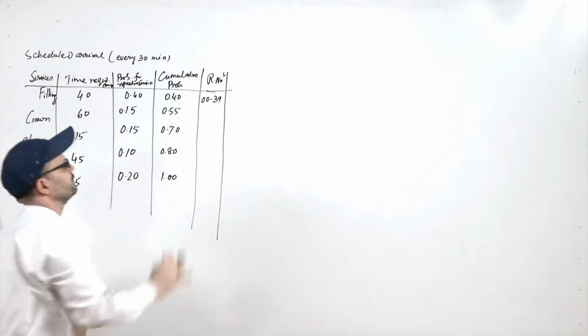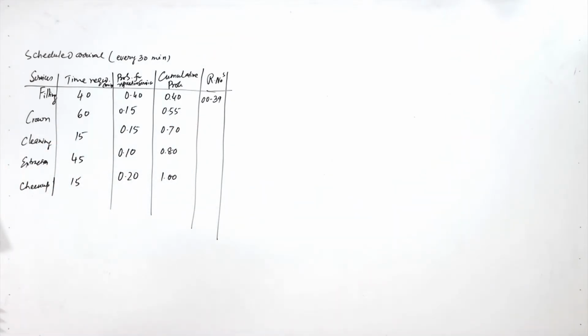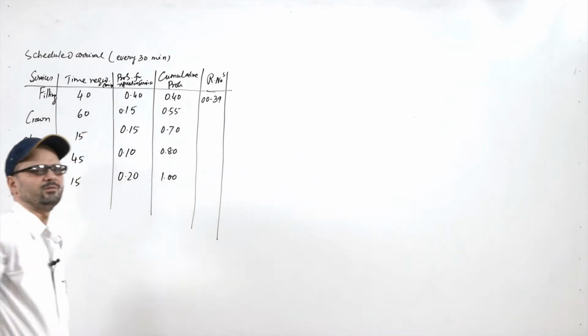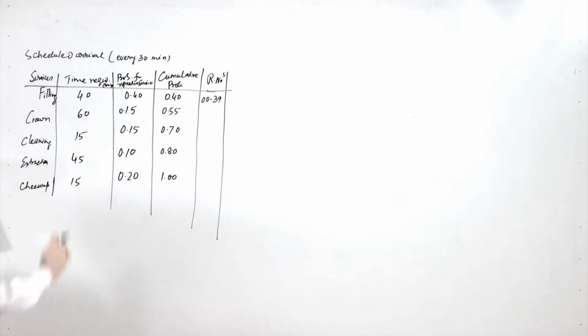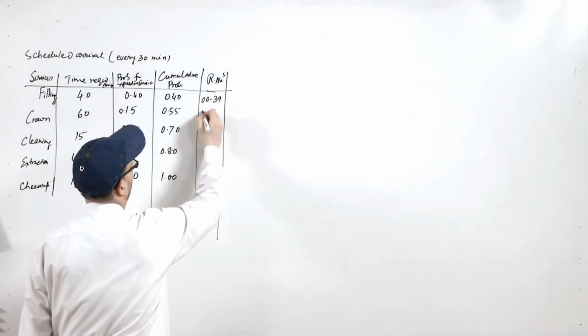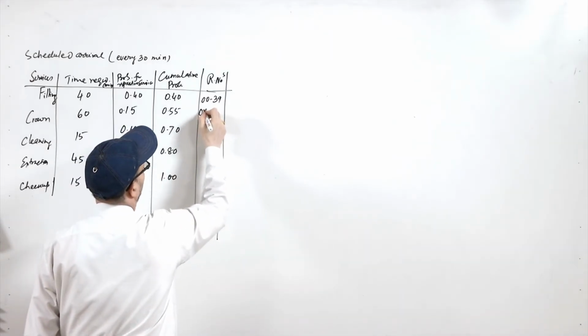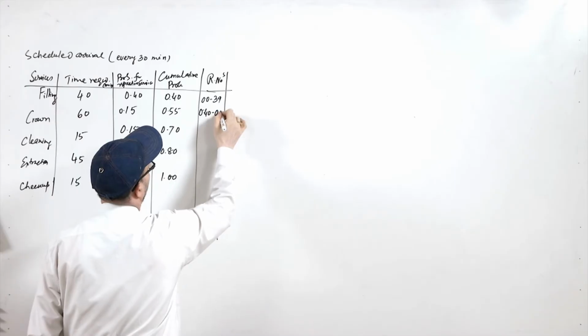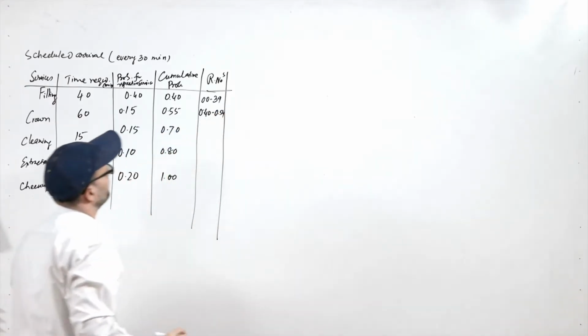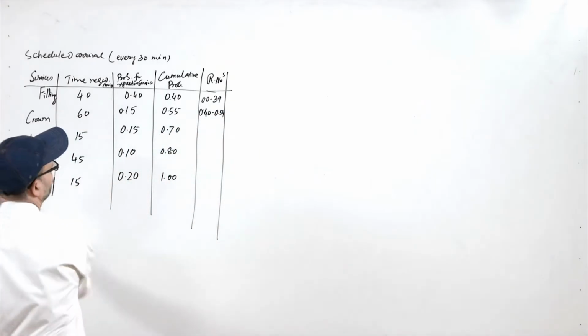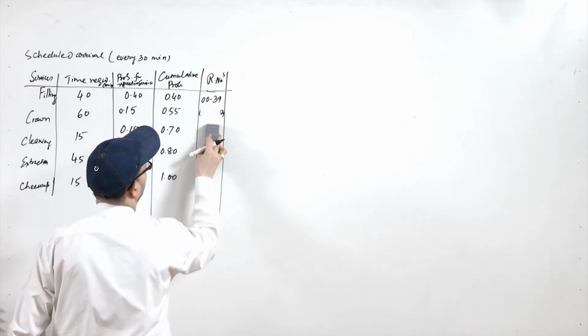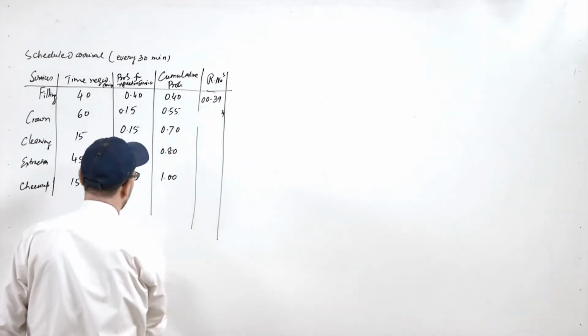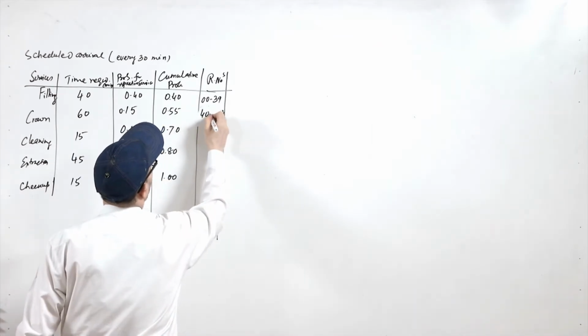So, there are 40 random numbers including 00 assigned, and if any random number comes in between them, then we will take the service of filling. Similarly, for the next service we go from 40 to 54.